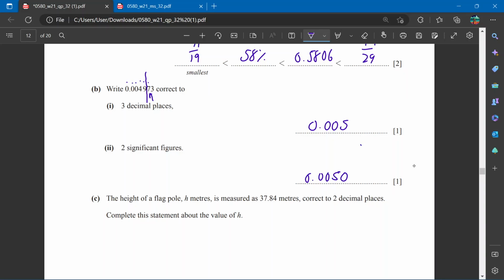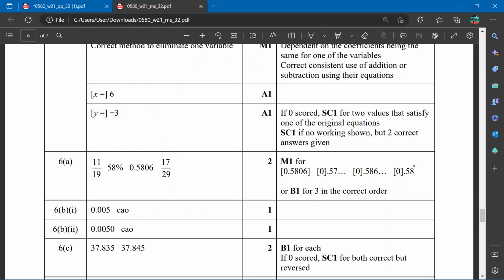Okay. Now what about that 0 at the end? It doesn't actually mean anything. Is it important to write it? Now, yes, if you round it to 2 significant figures, you put that 0 to show people that you've rounded it to significant figures. But will you get full marks in the exam if you don't put the 0? That is the question. And it seems they are very strict on this.